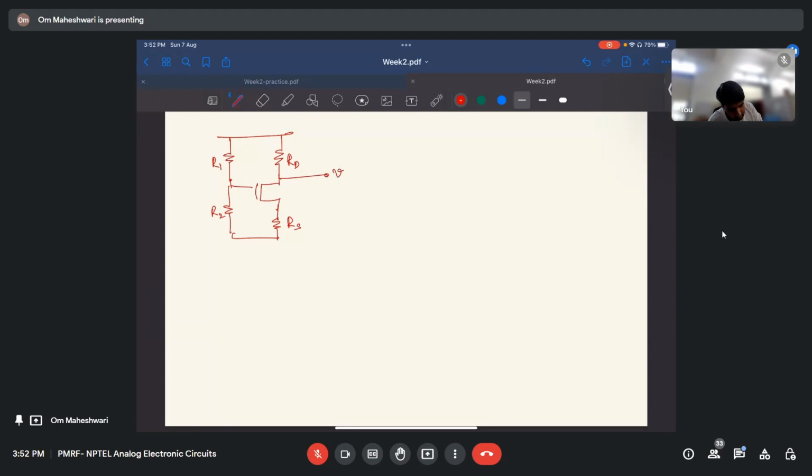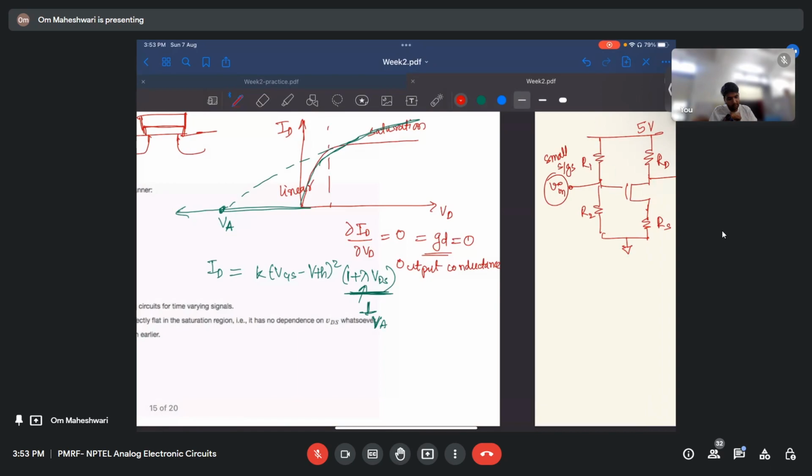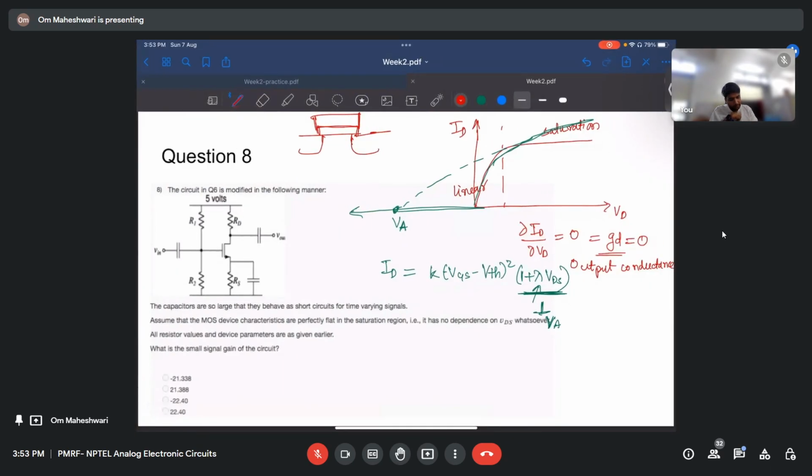They're taking V out here, and V in is given here. These are both small signals. It is 5 volts, let's say. This is ground. I have not drawn any capacitors because they have stated they act as short circuit for time varying signals. So that is why I have not drawn the capacitances.